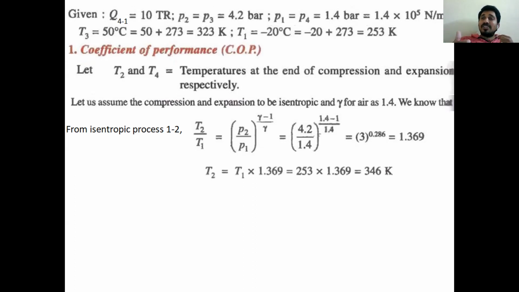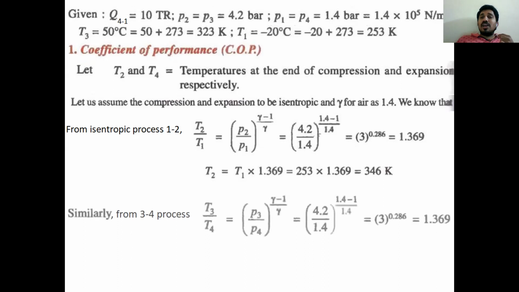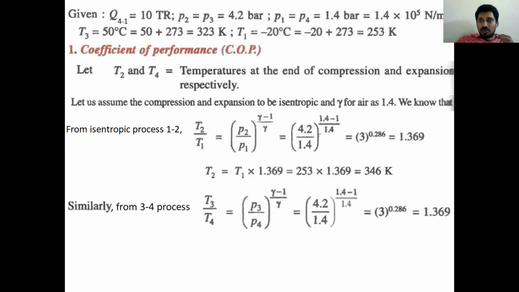This means the temperature after compression is 346 Kelvin, whereas before entering the compressor we have only 253 Kelvin. After compression, the pressure rises, and along with pressure the temperature rises to 346 Kelvin. This is from isentropic process 1, 2. Similarly, for isentropic process 3, 4, the expansion process, T3 by T4 is equal to P3 by P4 power gamma minus 1 by gamma.